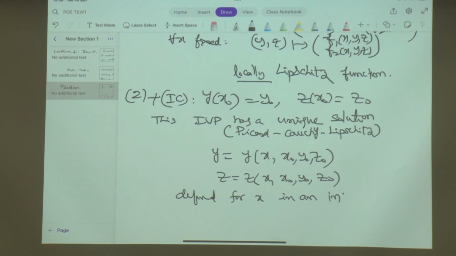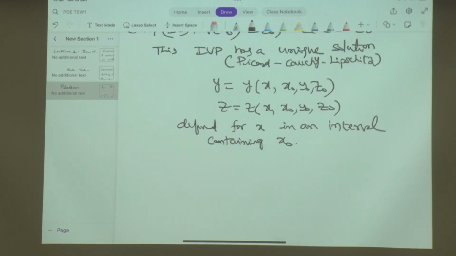So defined in an interval containing x0. This is what the theorem says. The theorem is not worried about how big this interval is, etc. It says you definitely have a solution on some interval containing x0. If you are interested in bigger intervals, that is your next question. We are not interested in that at the moment in this particular lecture. That's also important.